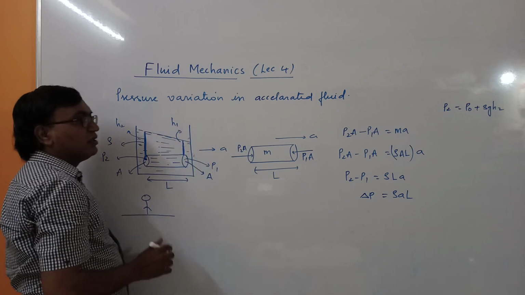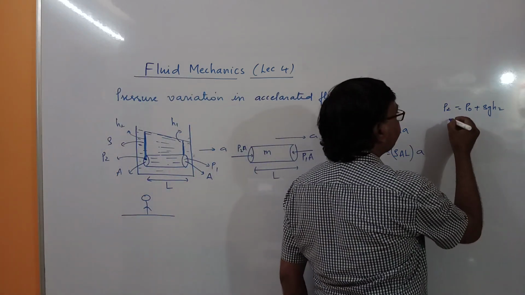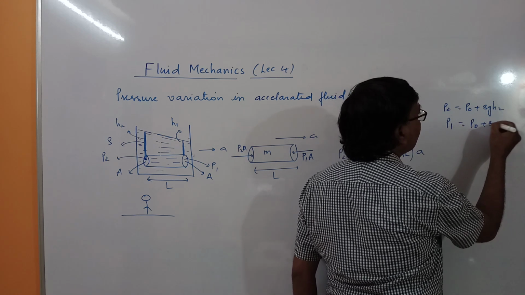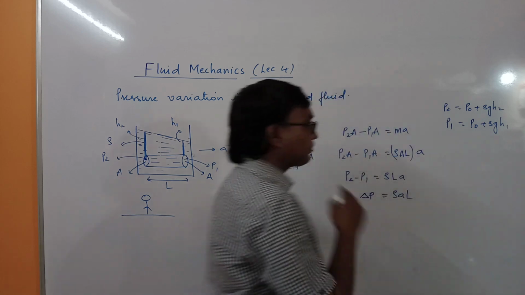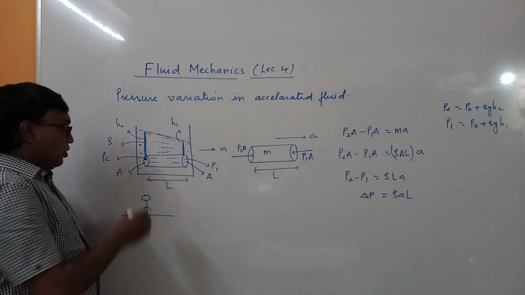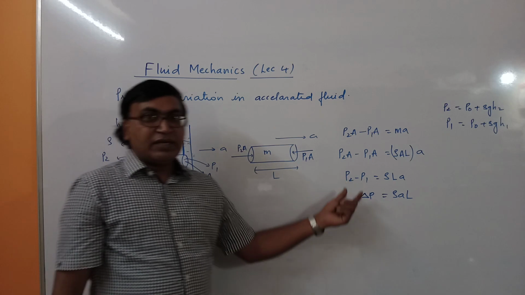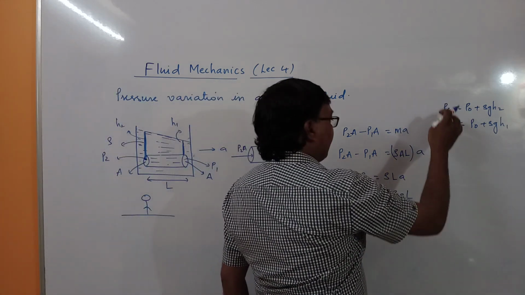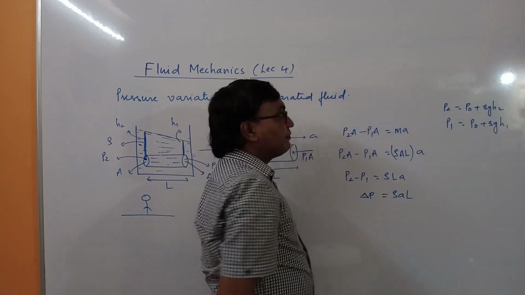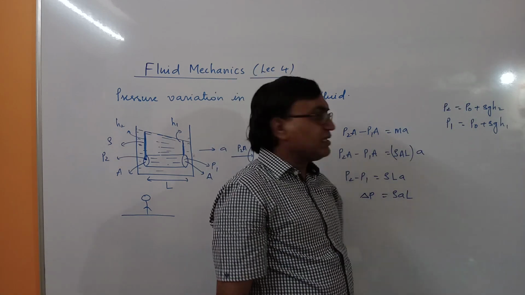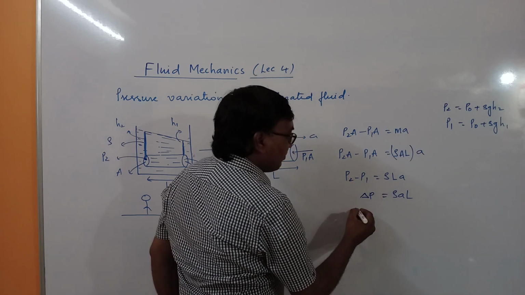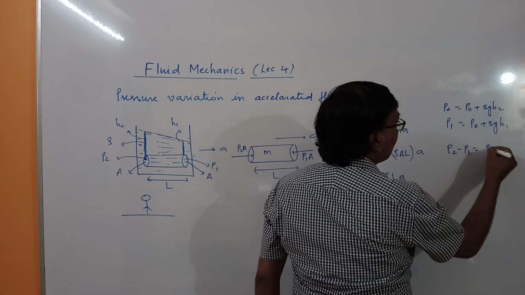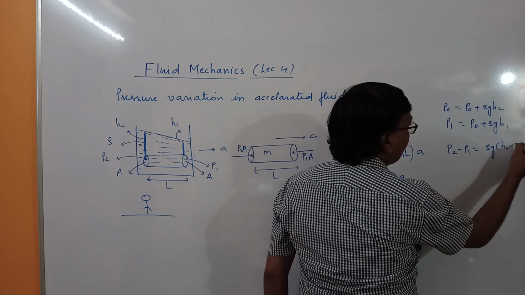So the pressure P1 is equal to P naught plus rho g H1. So P2 minus P1 we got in terms of horizontal acceleration, and now we will get P2 minus P1 in terms of vertical acceleration due to gravity. So P2 minus P1 is rho g times H2 minus H1.